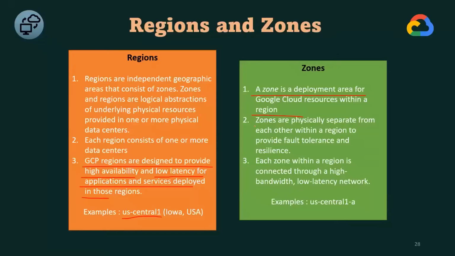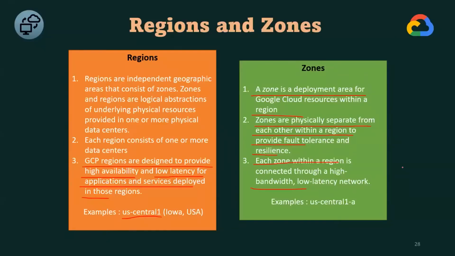Zones are separated from each other within a region to provide fault tolerance and resilience. One more thing, each zone is connected by a high bandwidth, low latency network. Each zone is separated from another zone and connected by a high bandwidth and low latency network, so that whenever there is a requirement for multiple zones, you can use this high bandwidth network.